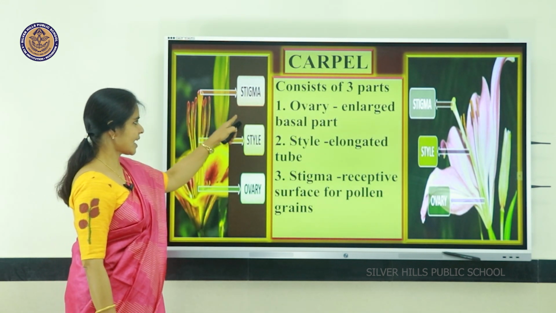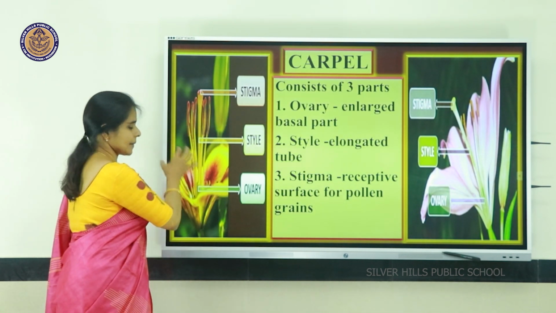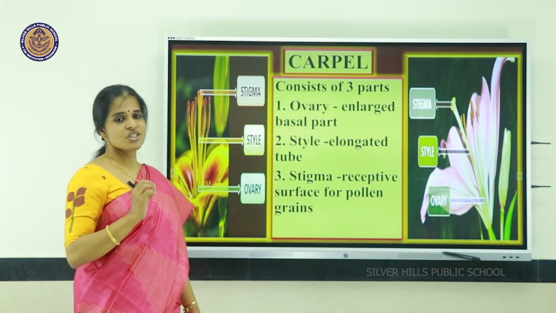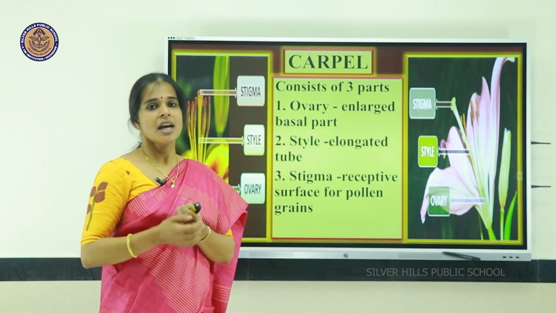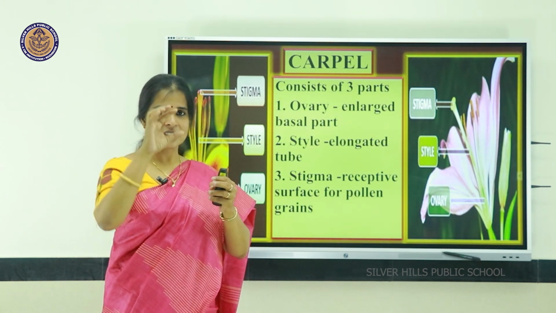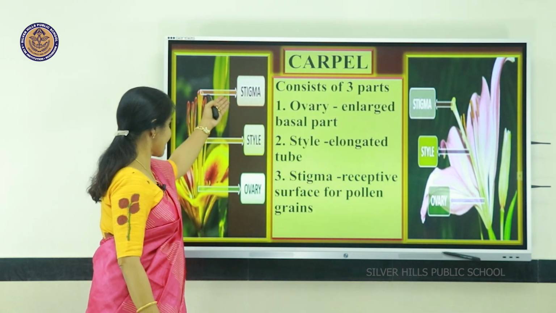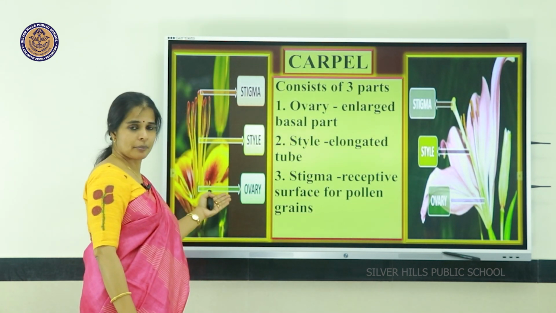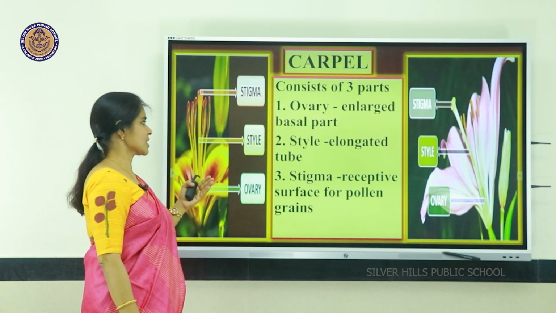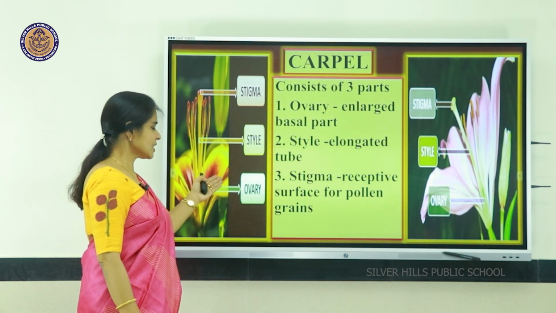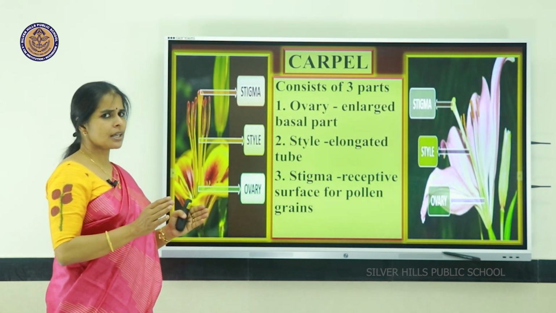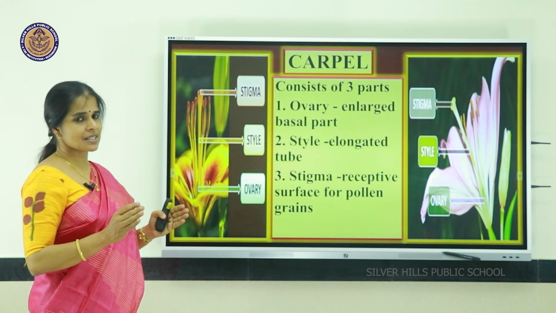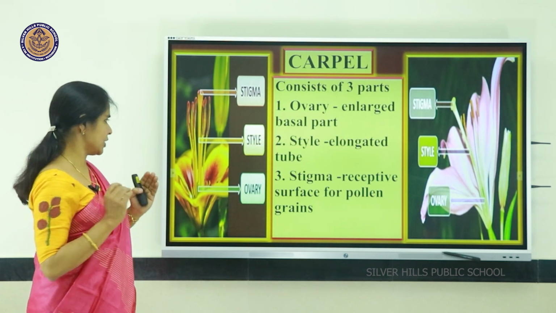Ovary, style and stigma. Ovary is the enlarged basal part of the female reproductive organ. So, the carpel means ovary, style and stigma together form the female reproductive organ. The ovary is the enlarged basal part where the female gametes are present, inside its ovule or egg.